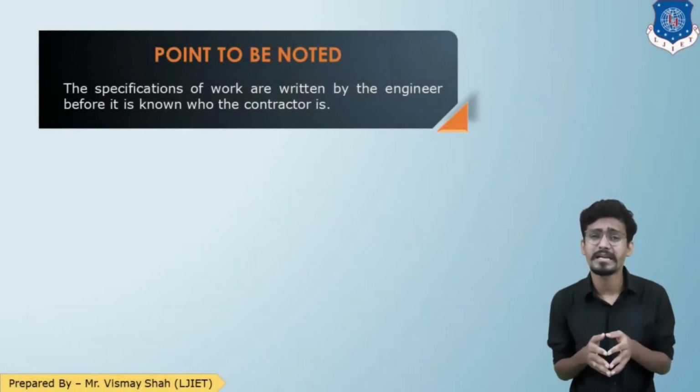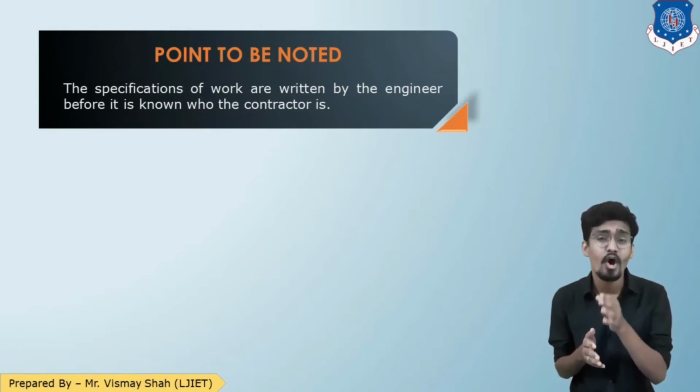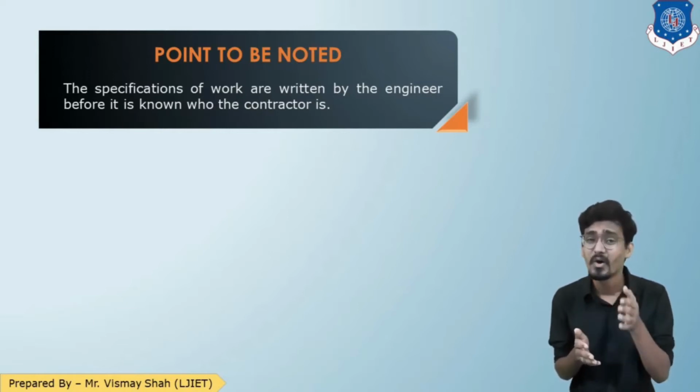Before we get into the detail of each point which should be taken care of while writing the specification, one point I want to highlight, students, is that these specifications are written before the contractor is selected for the work. Yes, that means you have to be very careful. You are not aware who is going to be your contractor, who is going to be selected for the work.